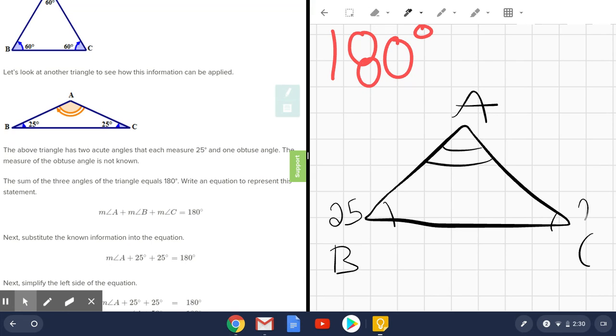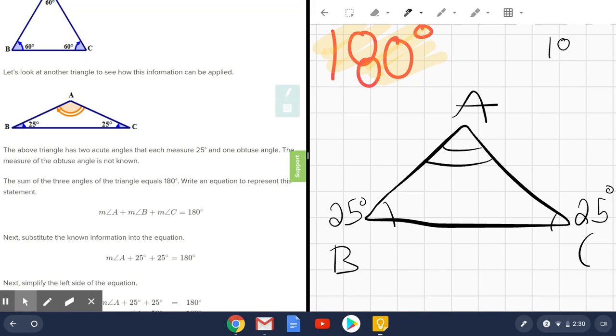They each have an angle measurement of 25 degrees. These are acute, right? If it's less than 90 degrees, it's 25 degrees. We're trying to figure out how many degrees is angle A. We know that they have to equal 180 degrees, right? That is our goal. So what can we do to figure out how many degrees remain? All three of these have to add up to 180. Well, we could just subtract them from 180, right?